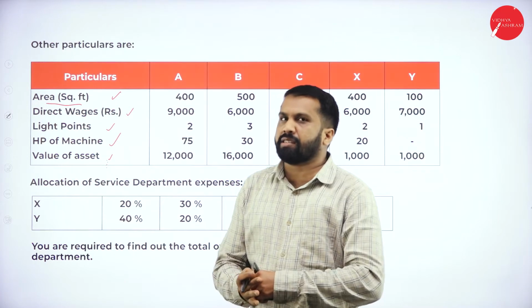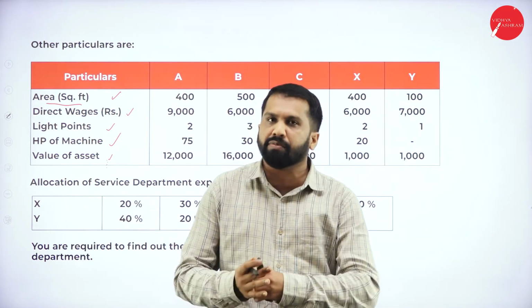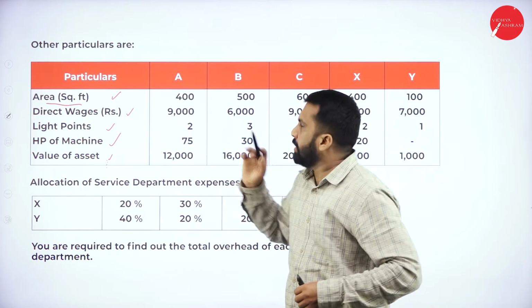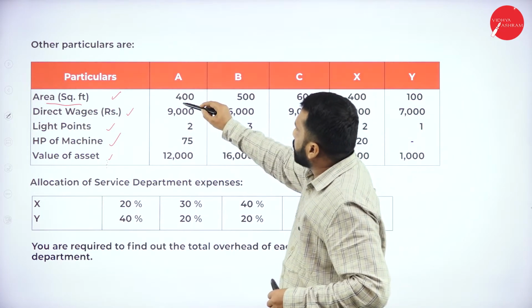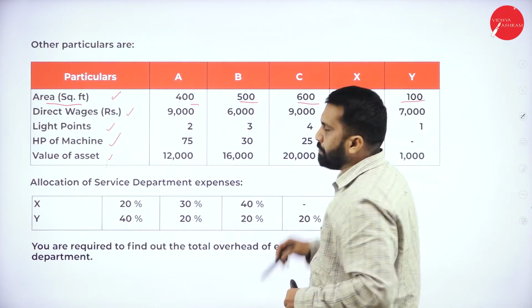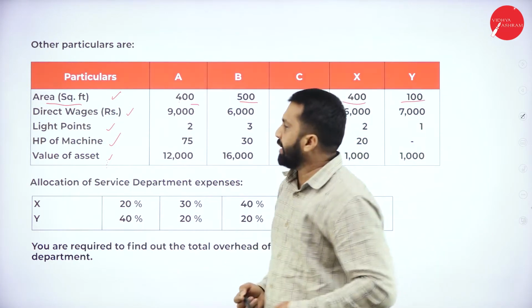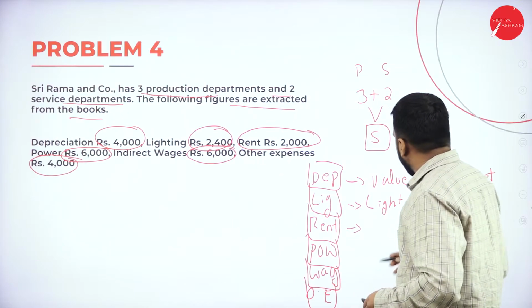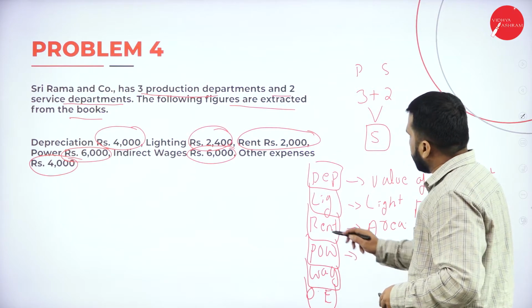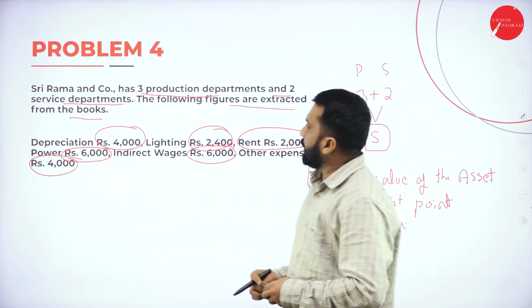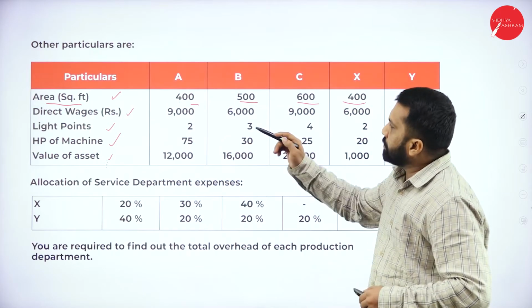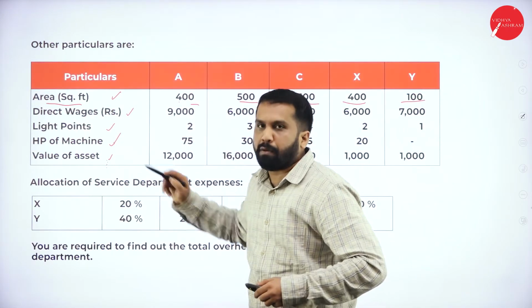In the last 3 to 4 problems we did the same thing. Rent comes under area occupied. As per this, your 400, 500, 600, 400 and 100 we are supposed to simplify. We'll go later. Now, next one is power charges. Power comes under what? Your HP of machine.